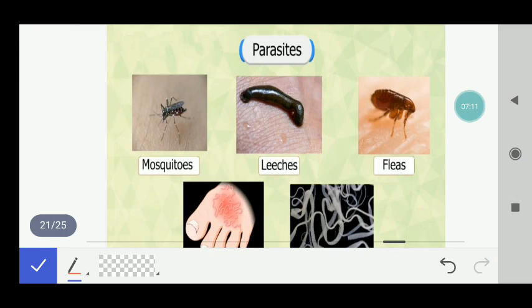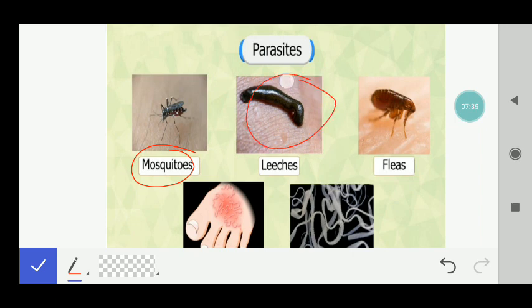As we studied that parasites usually harm the host, it will be clear by these examples. Mosquitoes. Mosquitoes bite us. Some mosquitoes infect human beings with diseases like dengue, malaria, etc. Leeches.